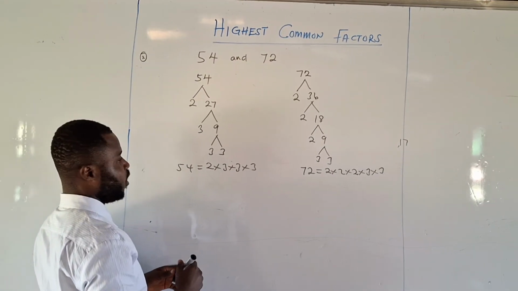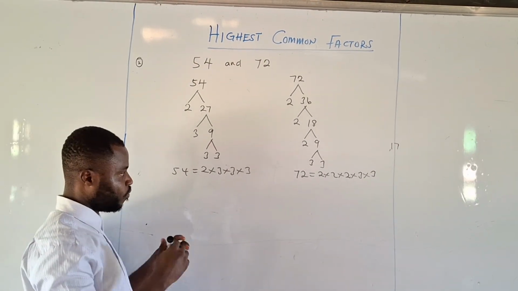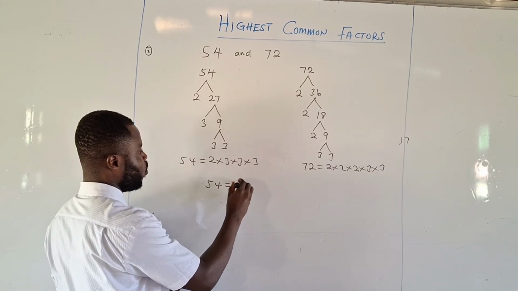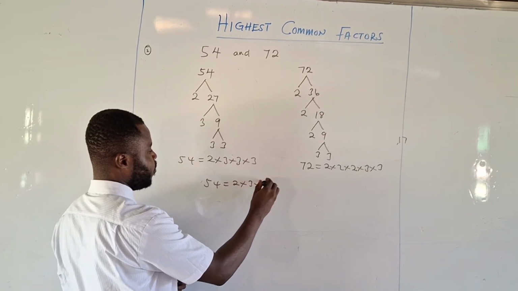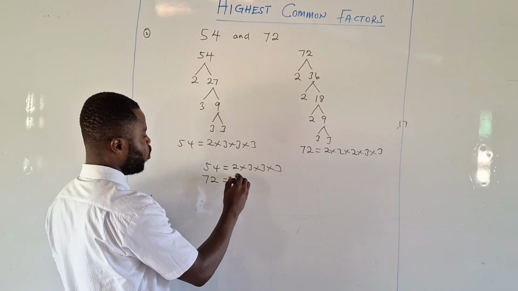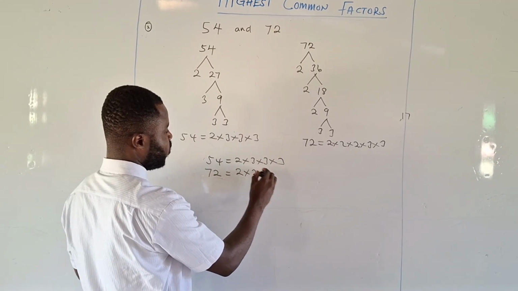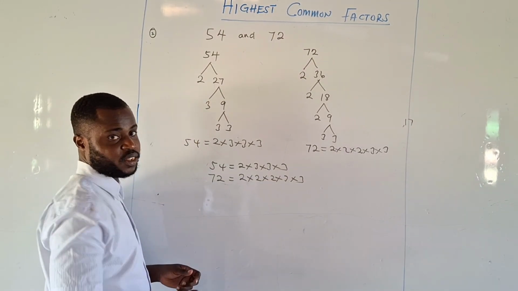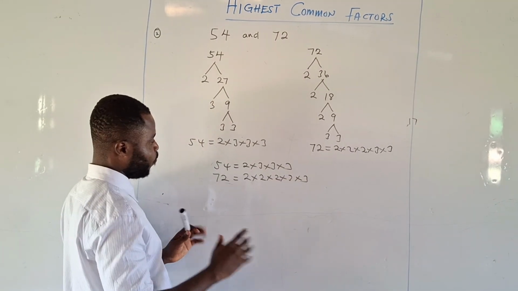Once again, we are going to select their highest common factors. With 54, we got 2 times 3 times 3 times 3. With 72, we got 2 times 2 times 2 times 3 times 3. We are going to select the highest common factors.